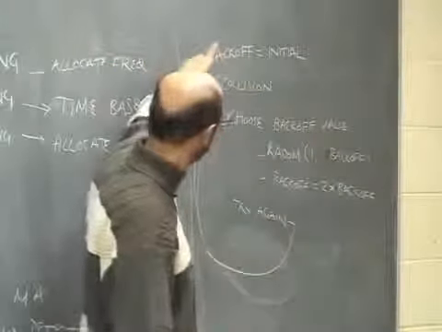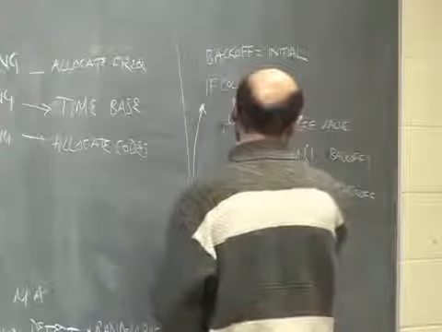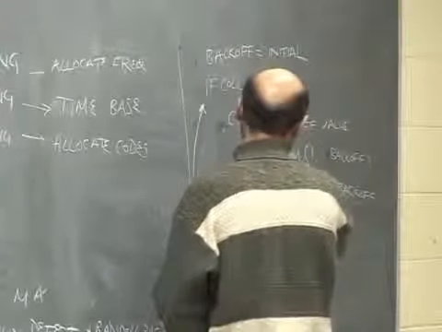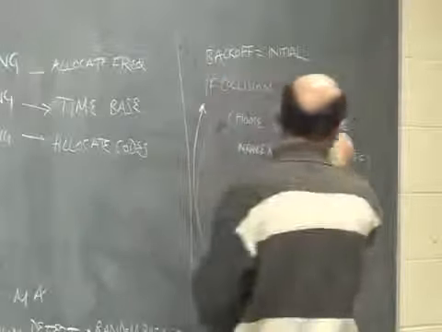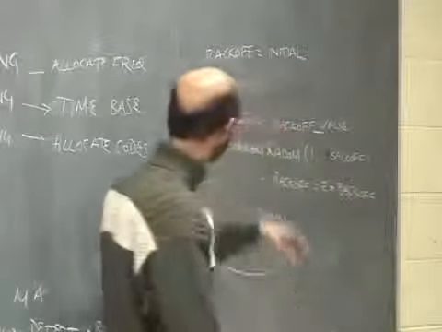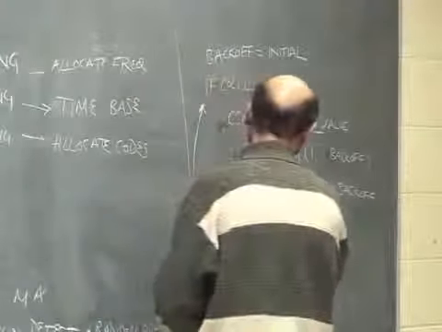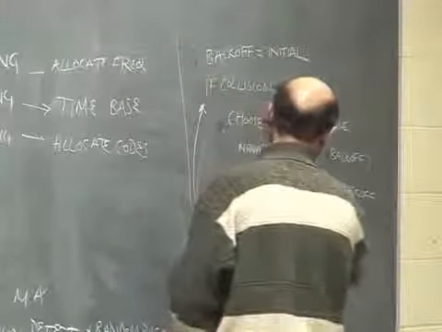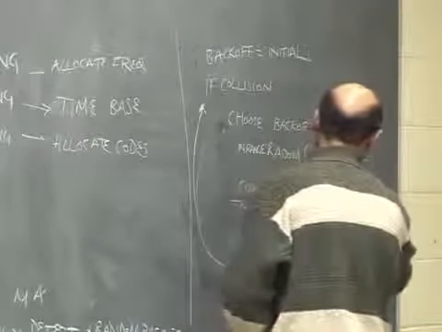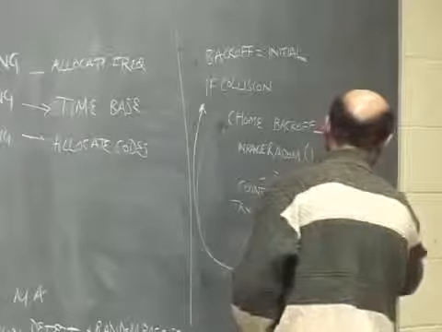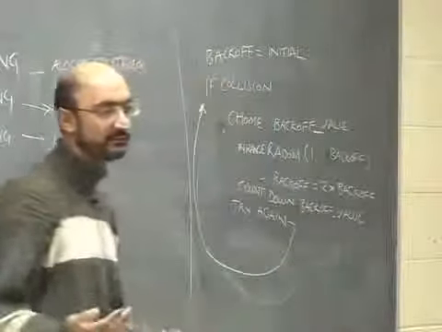If there is a collision, we choose the back off value randomly in this range. I double it, I count down the back off value, and then I send the packet.